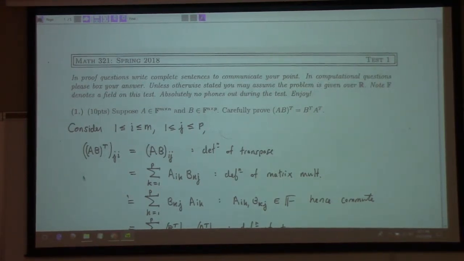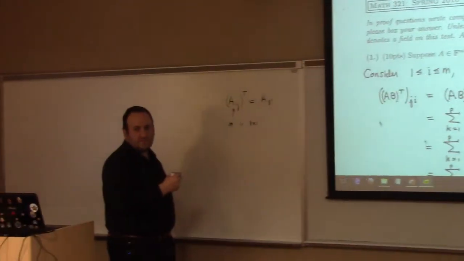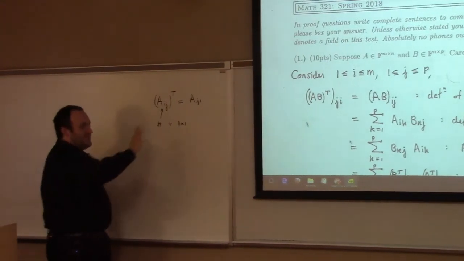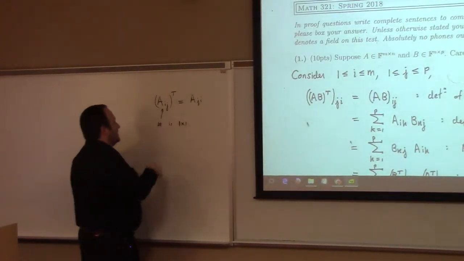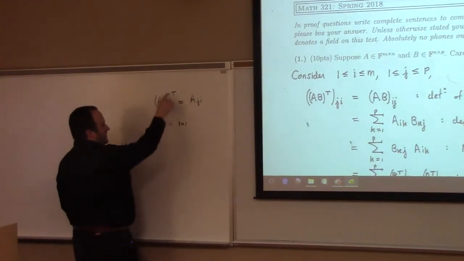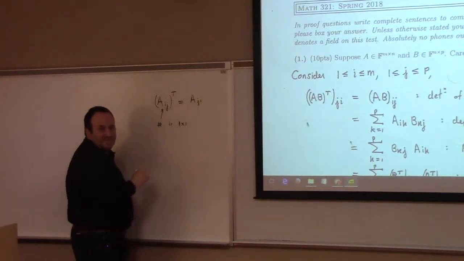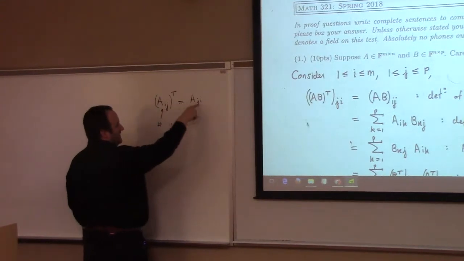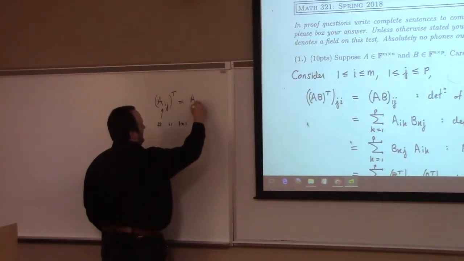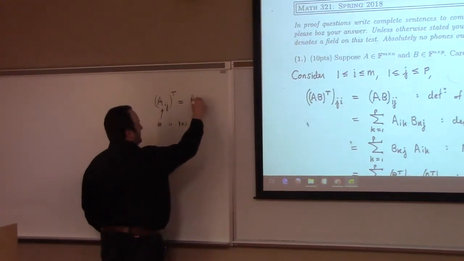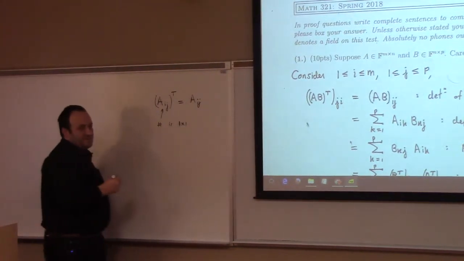Have I zoomed out enough that you can see that? If you can see me, you can see this. It's probably fine. Yeah. So A_ij transpose, this is false. In fact, this is equal to A_ij because when you take the transpose of a number, you get the number back again.